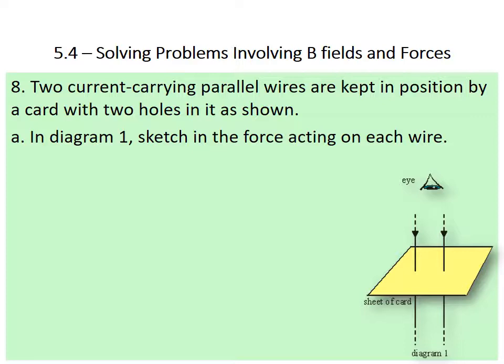Question 8, 2 current-carrying parallel wires are kept in position by a card with 2 holes in it as shown. In diagram 1, sketch in the force acting on each wire. So if there is a force of repulsion between the 2 wires, you should label it like this.